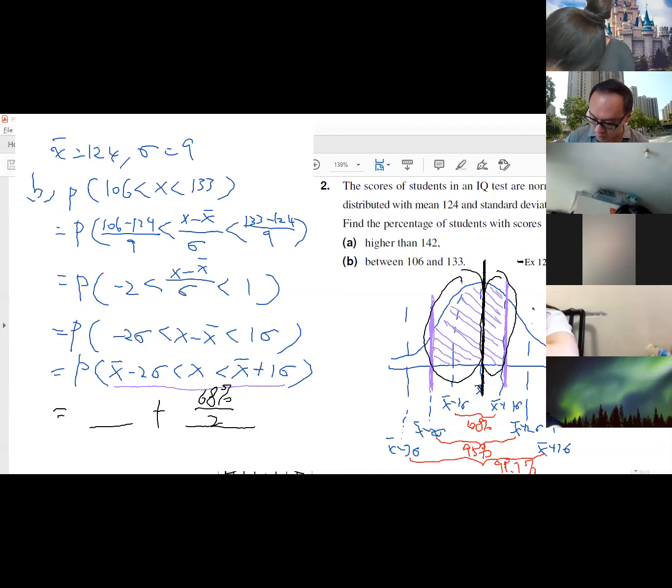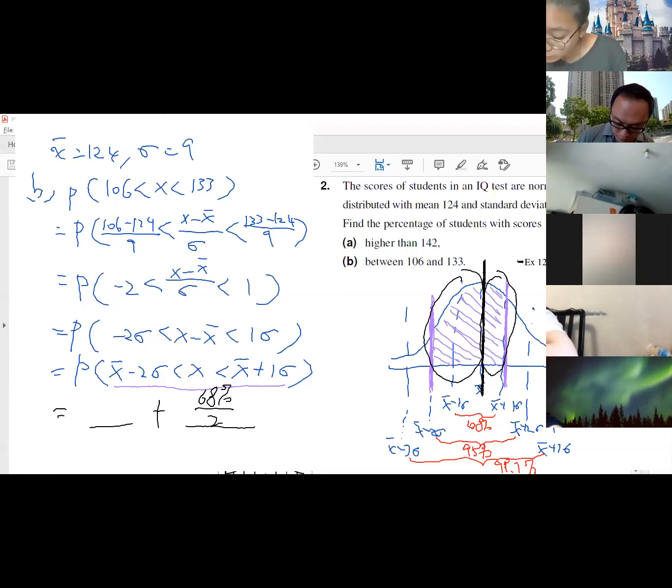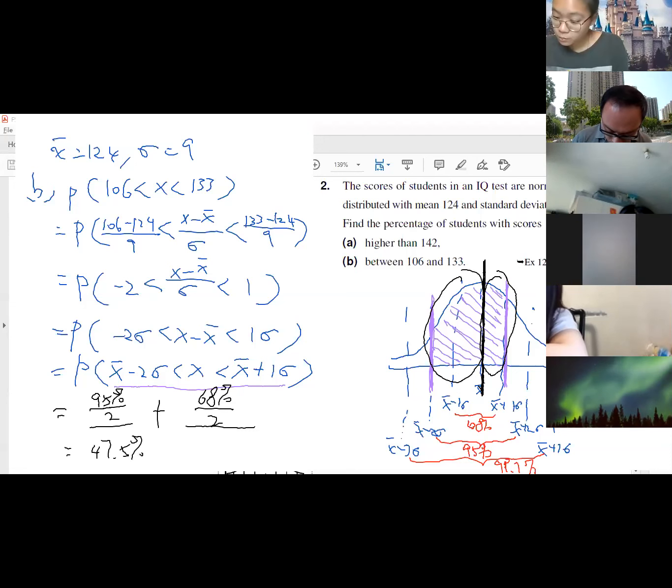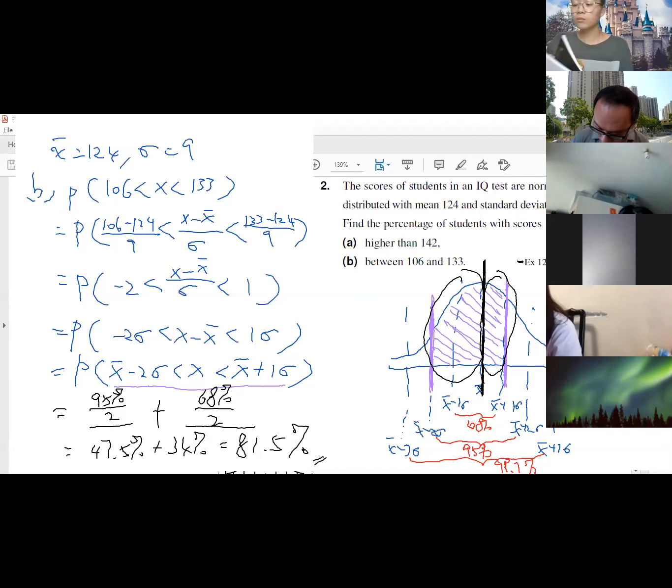This part is actually on the second window, okay? But just half of the second window. So that should be using the 95%, but we only have half of this. It's okay? And then after some calculation, it should be 47.5% plus 34%. So the final answer should be equal to 81.5%. That is the answer.